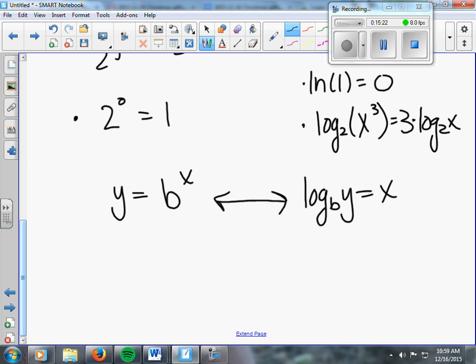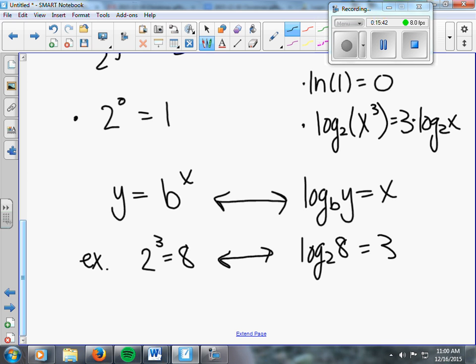All right. And so this is how you convert between the forms. So for example, and there are a million of these examples, but I know that 2 to the third power is 8. And written as a logarithm, this same idea is that the log base 2 of 8 is 3. And so it's how you solve for an exponent. It tells you the exponent.